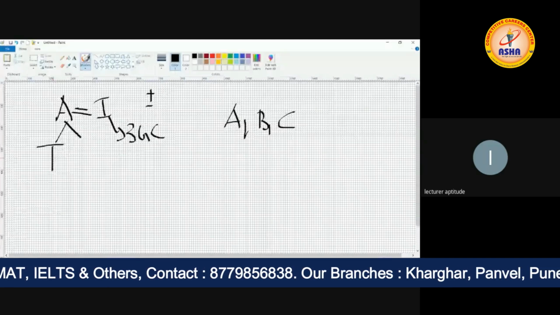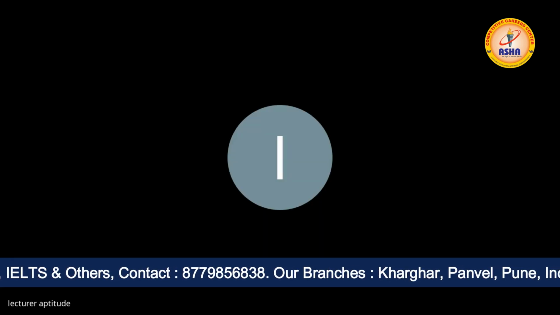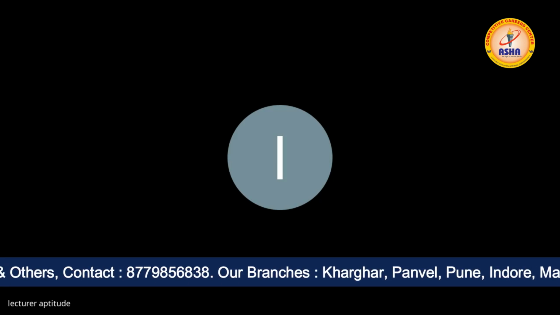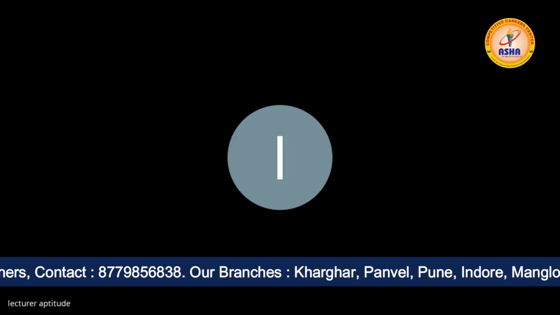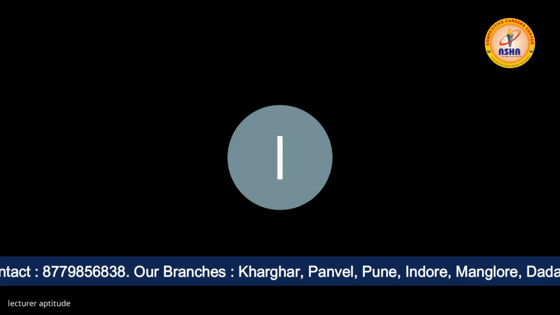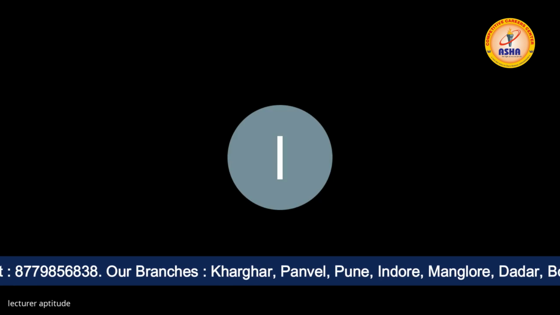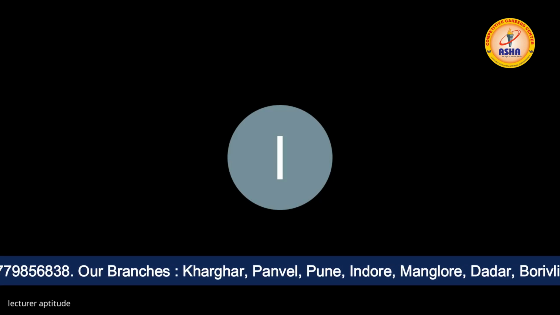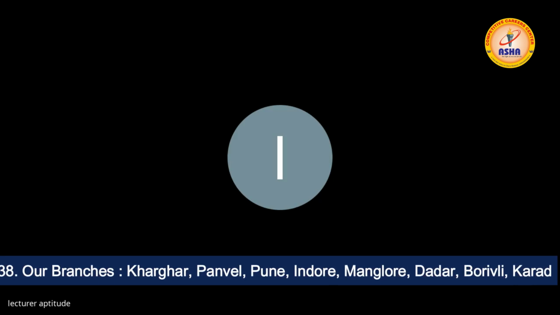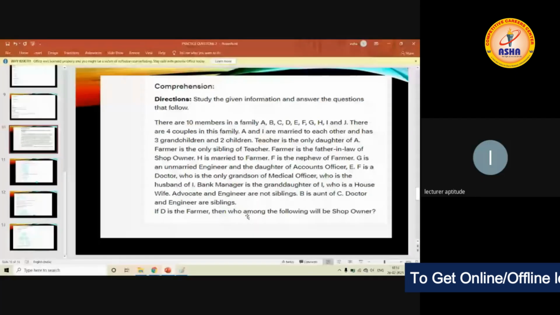We don't know the name of this person, so we give a blank here, to fill in whether it is B, C, D, or something else. And since teacher is a daughter, we give a minus sign. So please do this. It's very simple, but also a little bit tricky. The question is: if D is the farmer, then who among the following will be the shop owner?